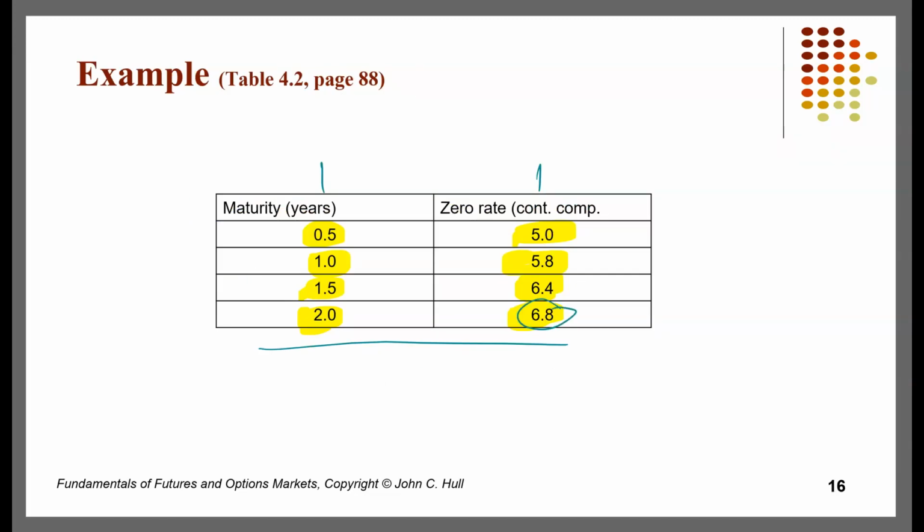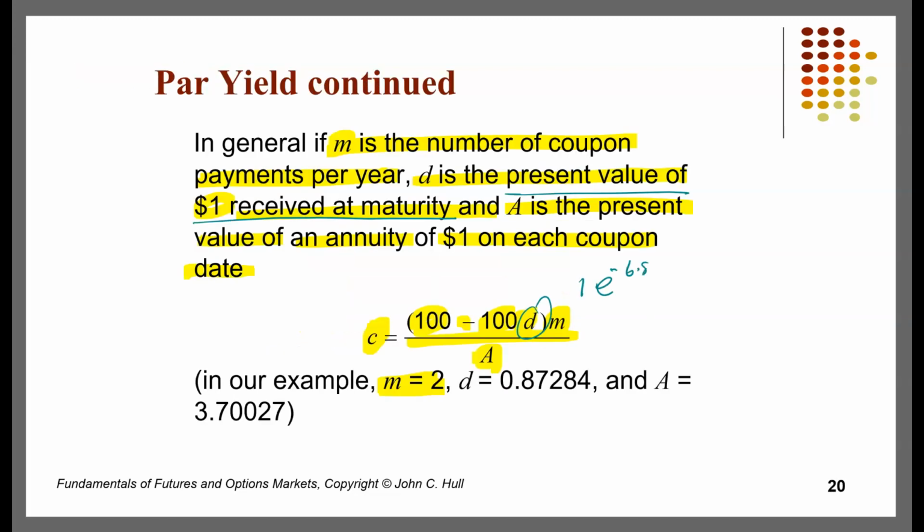So we're going to do $1 times e^(−6.8% × 2), where t is equal to 2 there, right? That's what we use there. That's what D is going to be equal to.